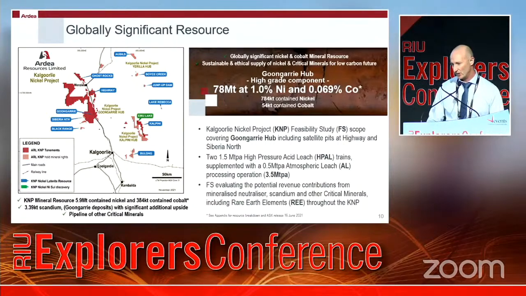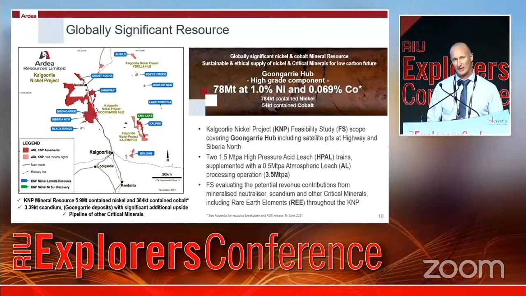Bit more detail now on the resource as we zoom into Goongarrie, and over the course of the last 12 months we've undertaken 2 resource updates, and we're continuing to review and update our resources within the KMP. But you can see within that 5.9 million tonnes of contained nickel within the KMP, we've got this high-grade core just at Goongarrie of 78 million tonnes of 1% nickel and very high-grade cobalt as well.